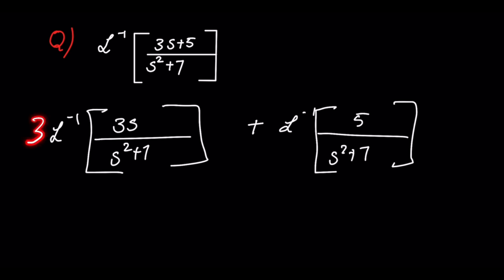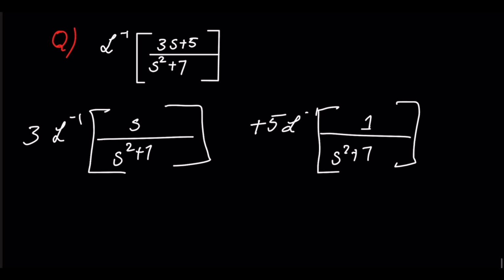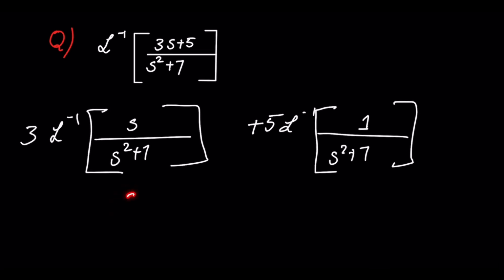So it becomes 3 and this becomes 5 here. Now we can clearly see that this matches s divided by s squared plus a squared, where the value of a is going to be square root of 7.